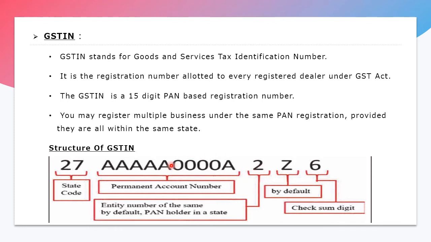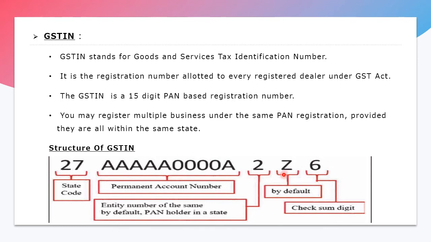Okay, so under this PAN this person has 2 businesses. अगर यहाँ पे 1 रहेगा तो 1 बिजनेस है एक स्टेट में. स्टेट कोड से पता चलेगा कि किस स्टेट में उसका बिजनेस है.